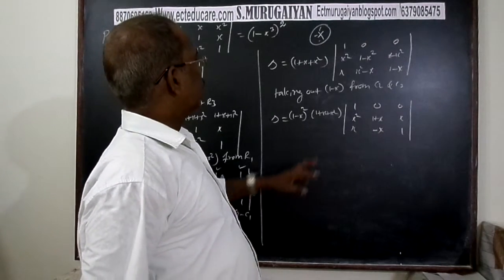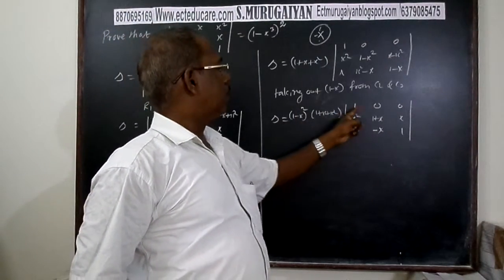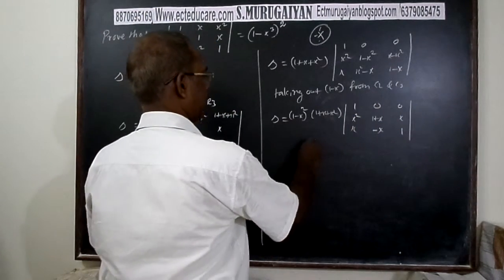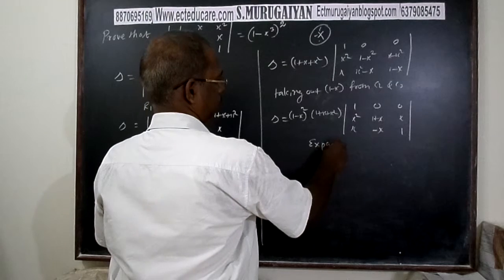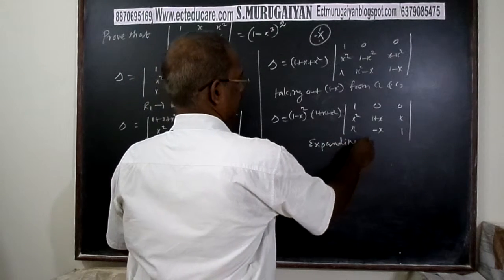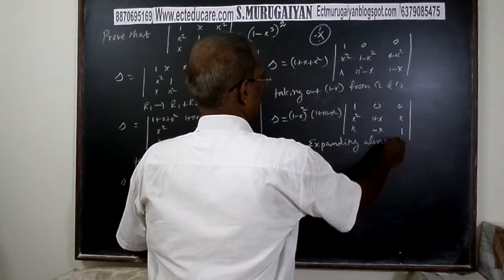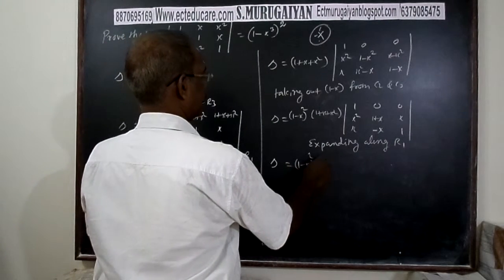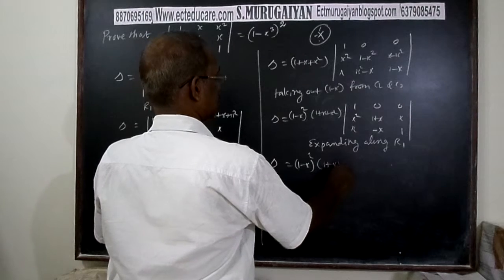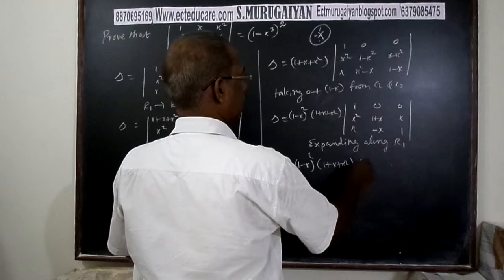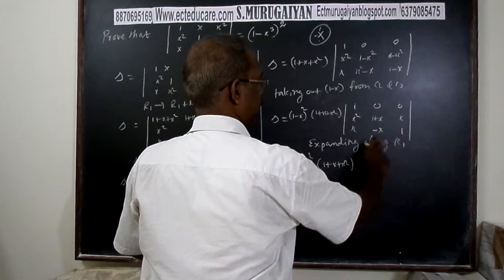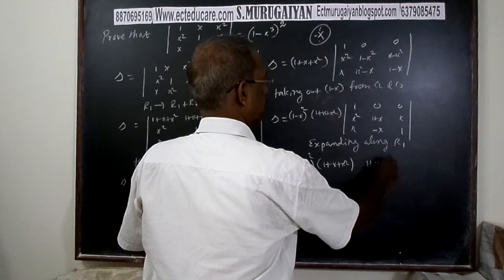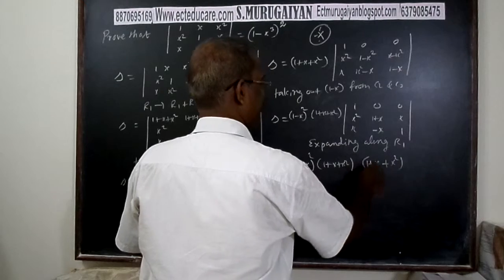Okay, now we can expand the determinant along R1 because there are two zeros. Expanding along R1, delta is (1 minus x) the whole square into (1 plus x plus x square) into A11. A11 is a cross multiplication of these four terms: 1 plus x into 1 minus of minus x plus x square.